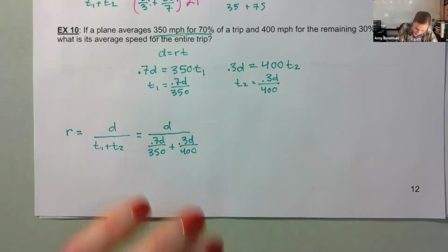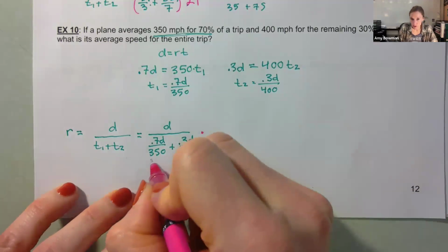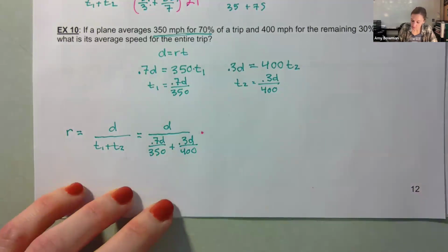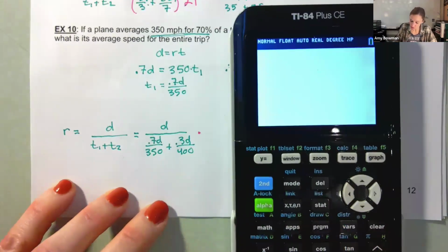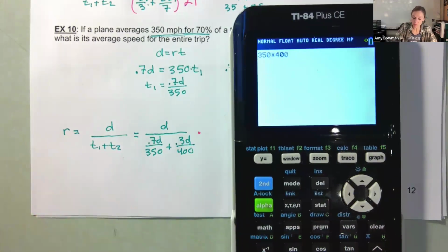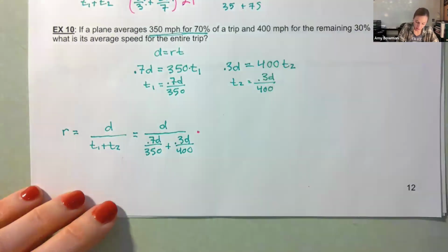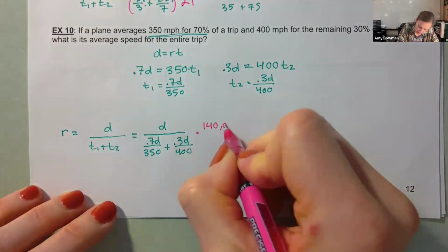Again, we've got complex fractions. Our smaller denominators of 350 and 400 probably have a common denominator that is less than their product, but I still prefer to use their exact product because simplifying gets a little bit easier. So that's 140,000. I'm going to multiply both numerator and denominator by 140,000.